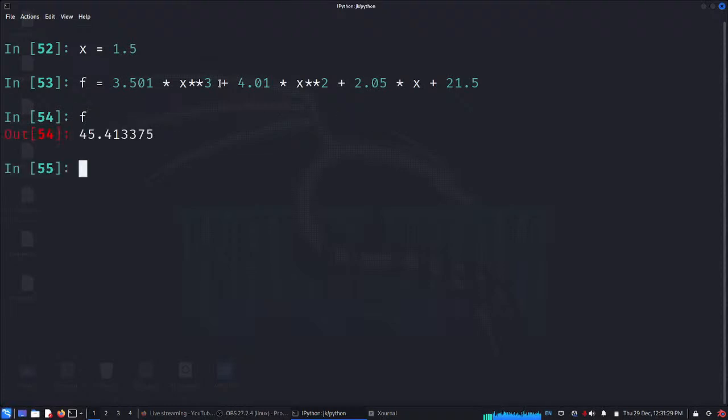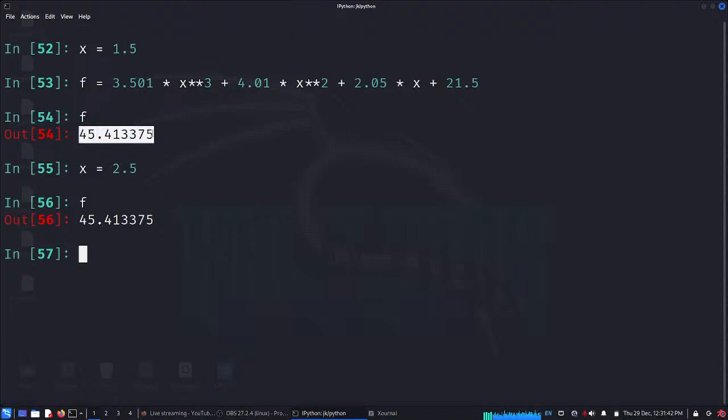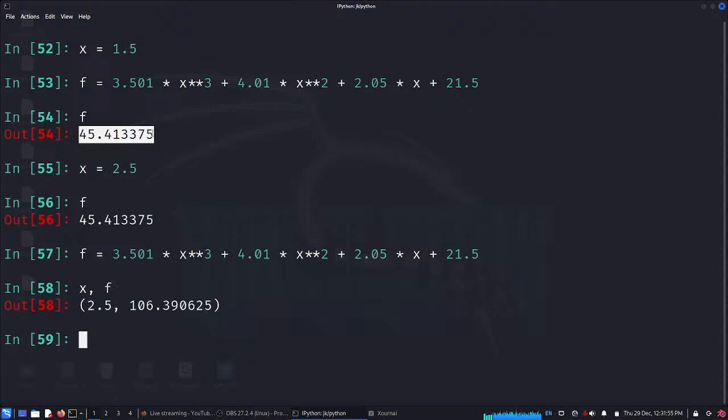So I get this. Now if I say x equal to 2.5, F is still pointing to the previous value; it is not recalculating. If I want to recalculate for this particular x, I need to say F equal to this again, and then this F corresponds to this x value.